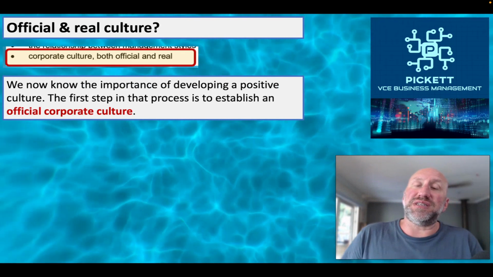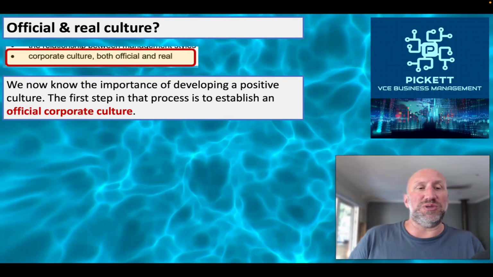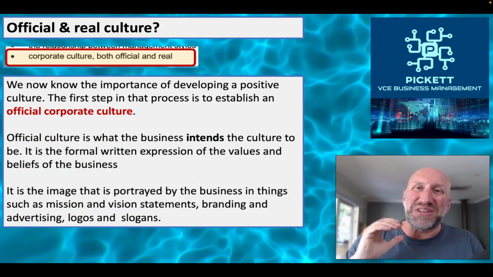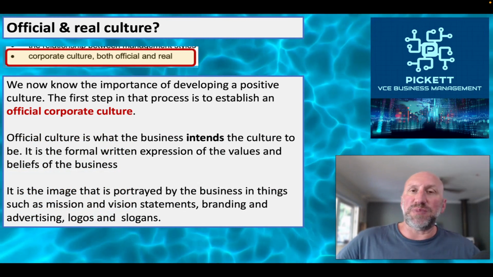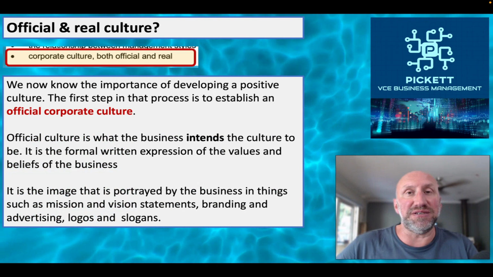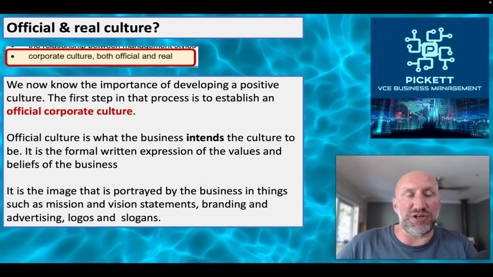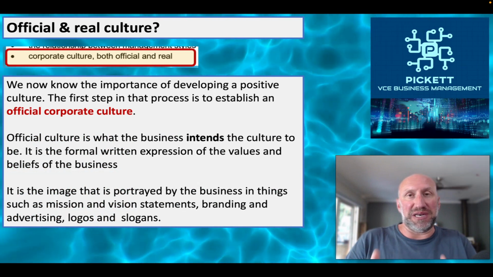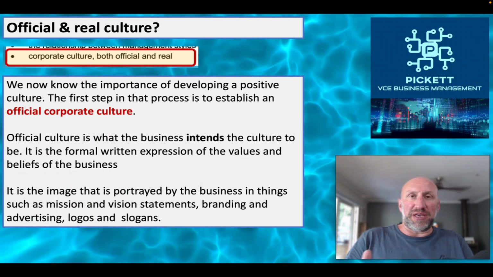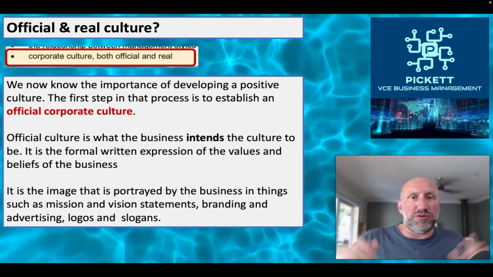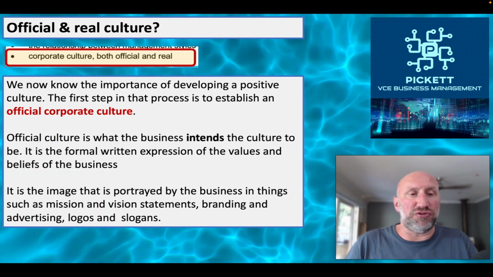Now, the first step in that process is to establish an official corporate culture. The official culture is basically what the business intends the culture to be. It's a formal written expression of the values and the beliefs of the business. It's what the business is portraying to the world, that this is how the culture is.